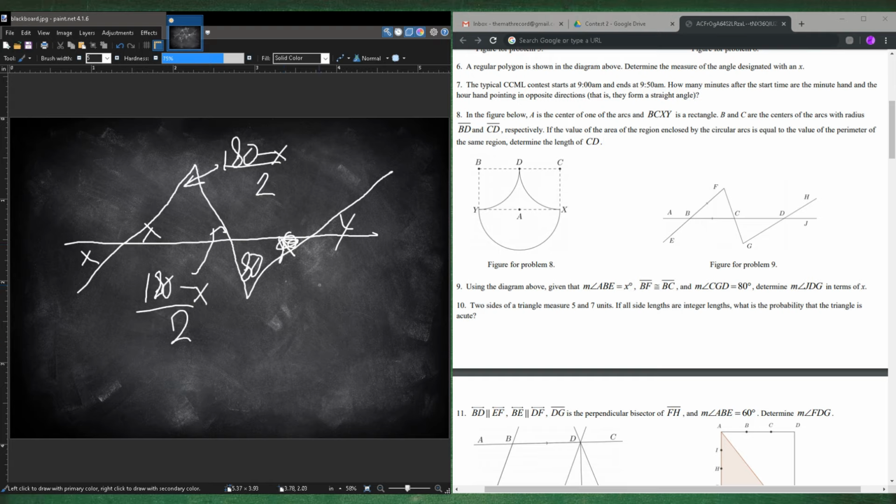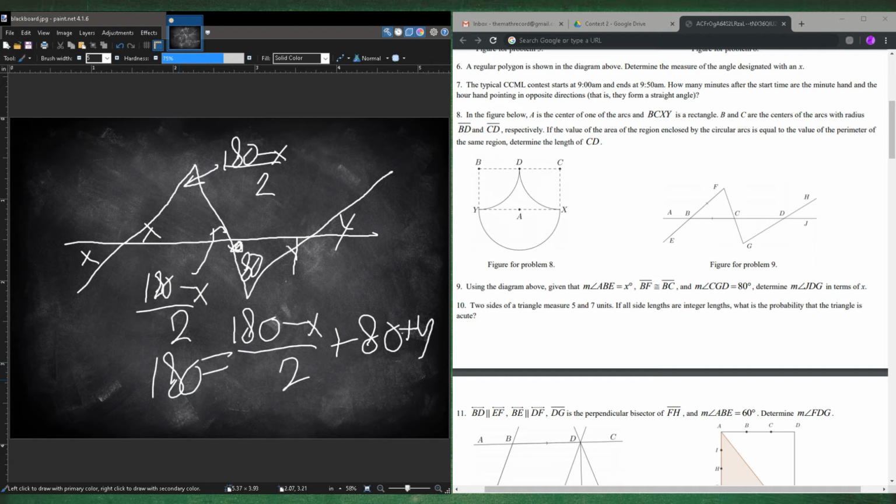Since they're vertical angles, it'll just equal Y. So the value of this angle right here is 180 minus x divided by 2 because they're also vertical angles. So 180 minus x divided by 2 plus the 80 degrees plus y, since this is a vertical angle, has to be equal to 180 degrees. Okay, so let's move this up.